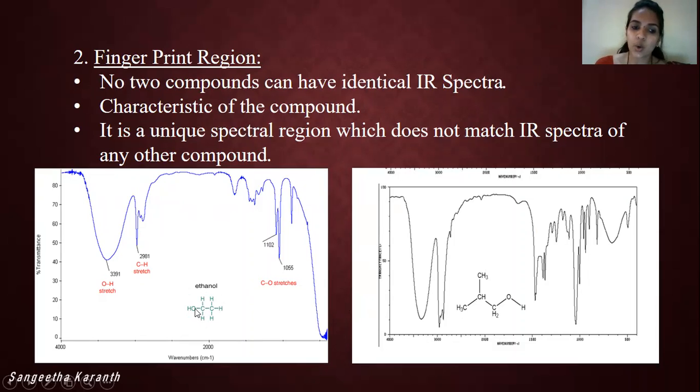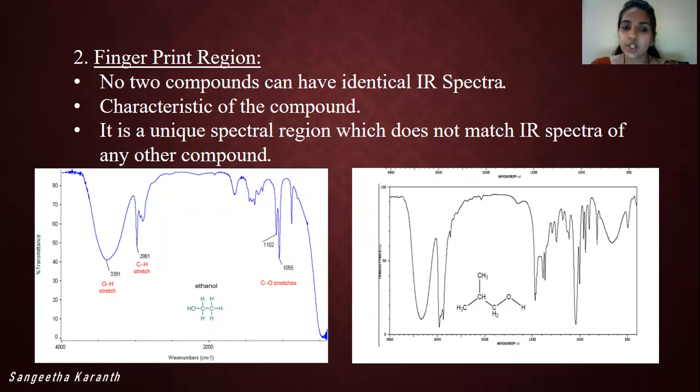This is an alcohol with the functional group OH, and here also the functional group is OH. So we can see these broad peaks at around 3300. But if you observe the fingerprint region, it is completely different from each other. So although the functional groups may be the same for two different molecules, it does not mean that the fingerprint region peaks will also be similar.